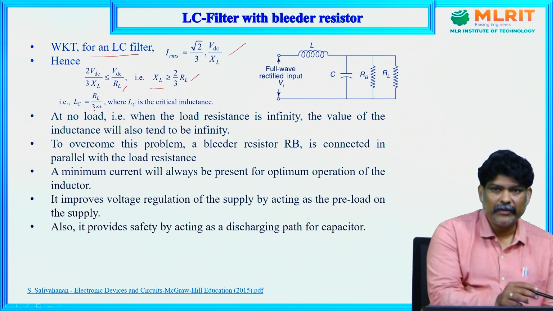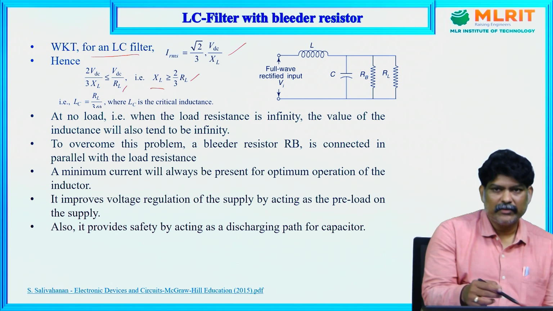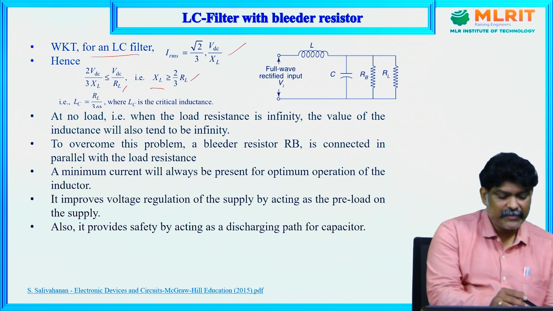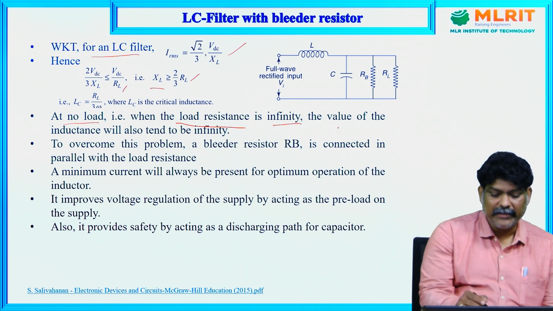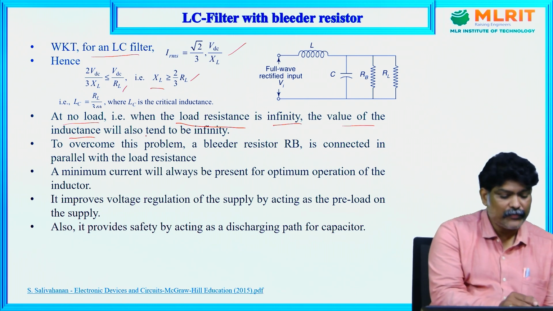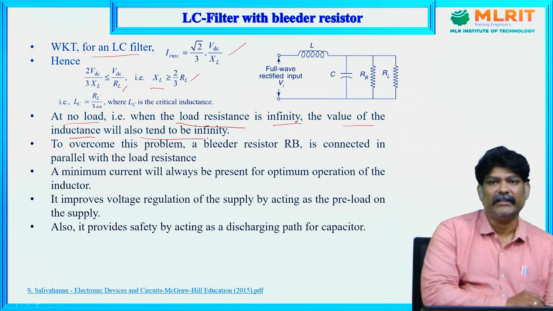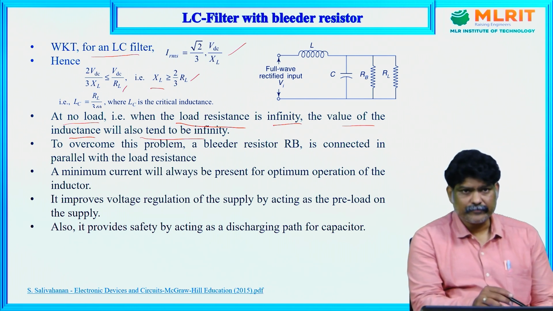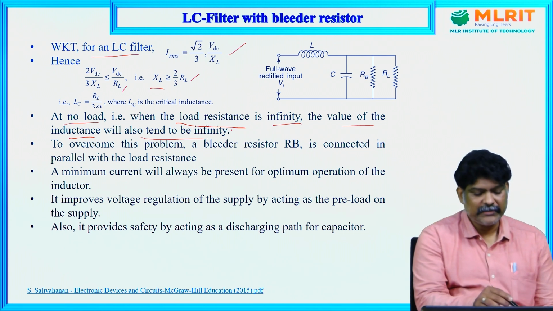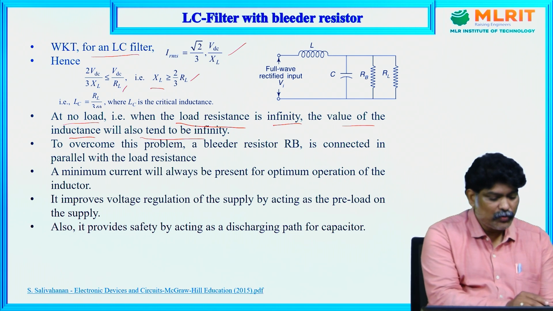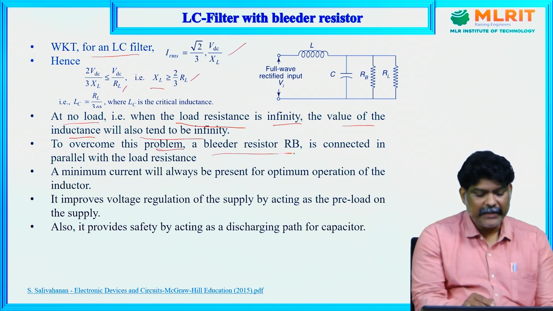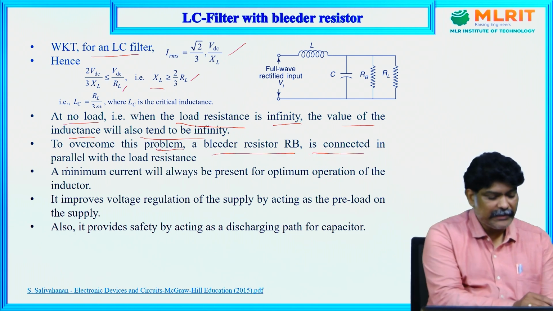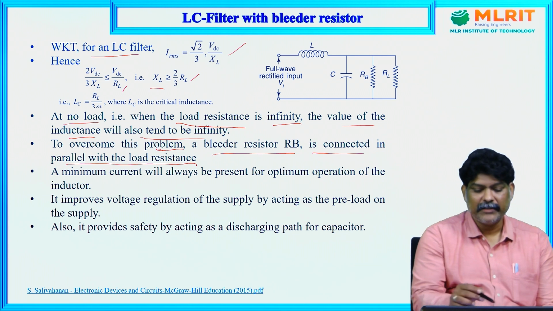For example, if there is no load, the resistance is infinity. So at no load, when the load resistance is infinity, the value of the inductance will also tend to infinity. So this is the critical case, and it is not desirable. To overcome this problem, a bleeder resistor RB is connected in parallel with the load resistor like this.